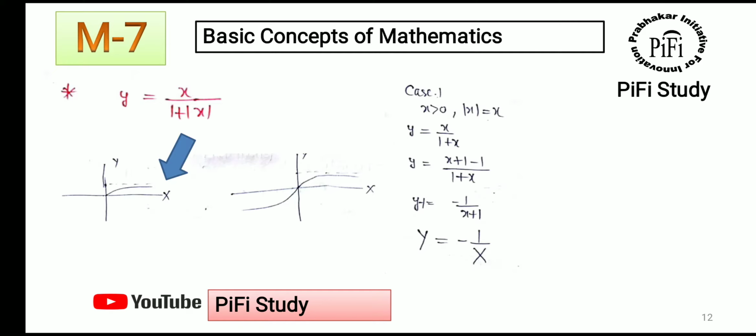In the first case assume x is greater than 0. So mod x is equal to x, then y is equal to x upon 1 plus x, y is equal to x plus 1 minus 1 upon 1 plus x, y minus 1 is equal to minus 1 upon x plus 1, then capital Y is equal to minus 1 upon x, so it is a kind of hyperbolic function. So you can directly draw the hyperbolic function, and after drawing it take the symmetry.